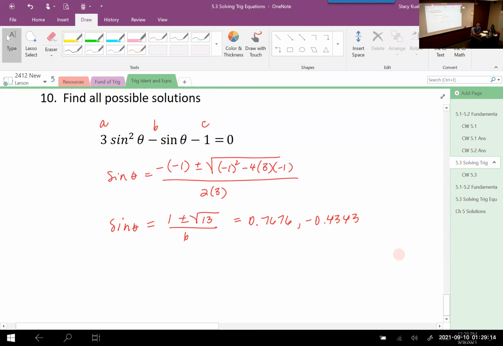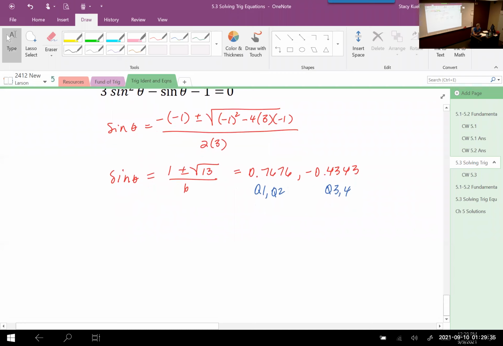When I take the sine of an angle and I get positive values, what two quadrants do I end up in? Quadrants 1 and 2. When I take the sine and I get a negative value, what two quadrants am I in? Quadrants 3 and 4.